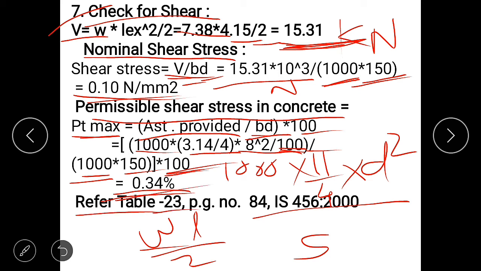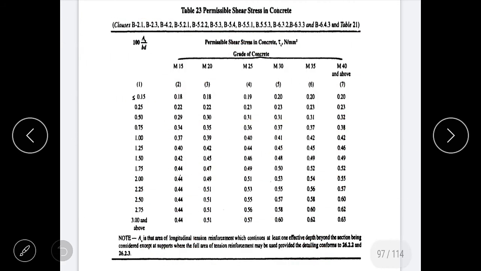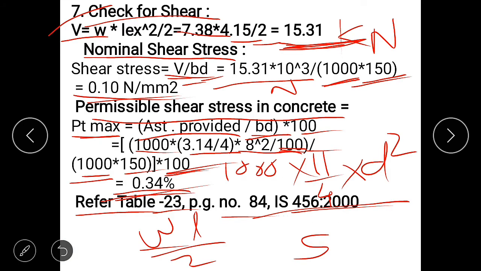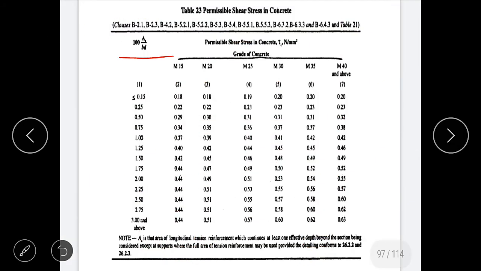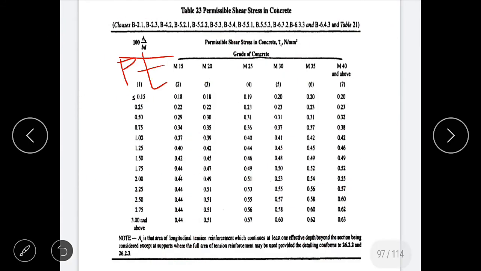Refer to Table number 23, page number 84 of IS 456 to calculate permissible stresses. Here 100 AS by BD is also called PT. We have a PT value of 0.34. Where is the value of 0.34? Between 0.25 and 0.50.